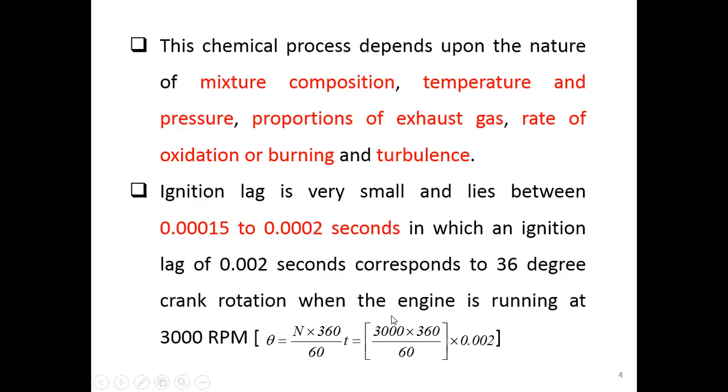So you multiply 3000 times 360 divided by 60 times 0.002, and this theta is about 36. So no matter how big the engine is or what size your cylinders are, the crank angle rotation is always the same. This is the characteristic of the SI engine: no matter how big your cylinder is, the crank angle for each revolution is always equal to 360.